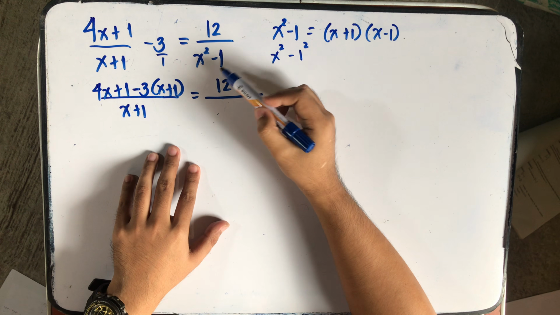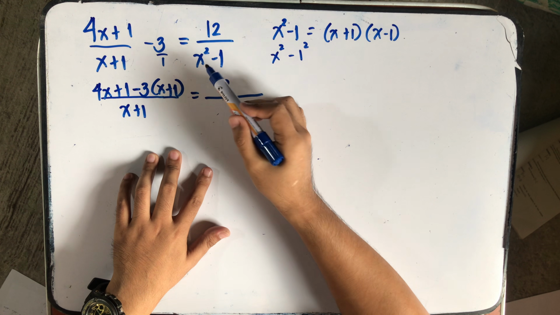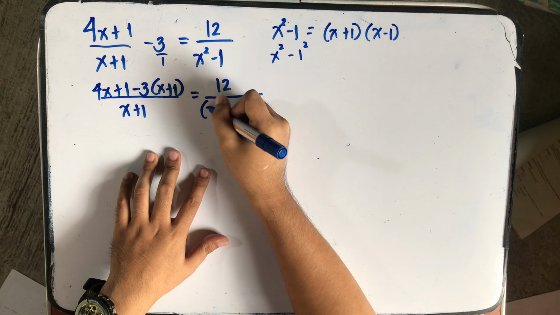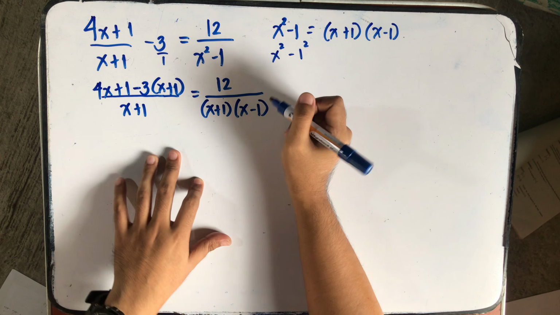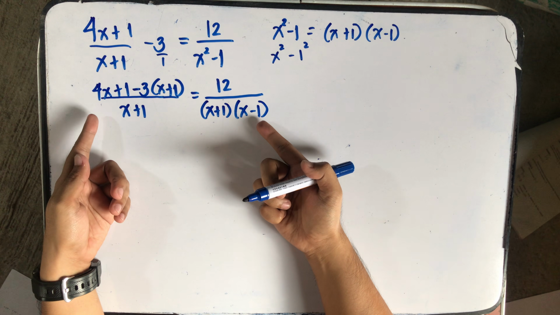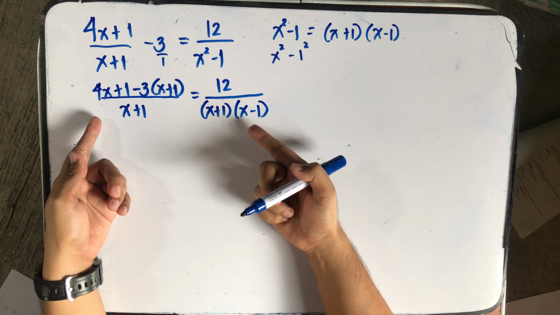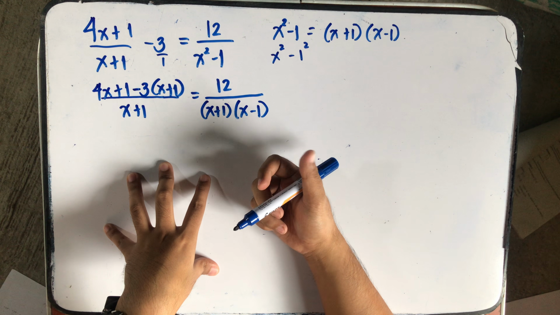So let us now rewrite x^2 - 1 in terms of its factors. x^2 - 1 is equal to (x + 1) times (x - 1). In this case, we could now see the expanded form of the rational equation. Look at the denominator.